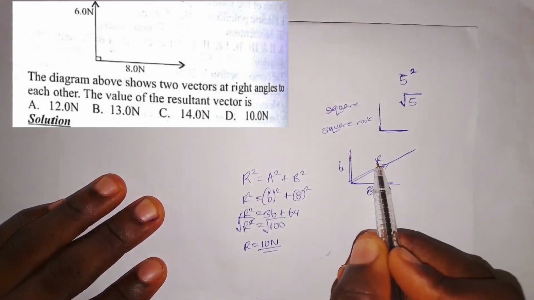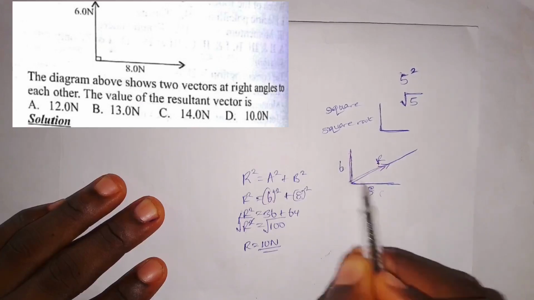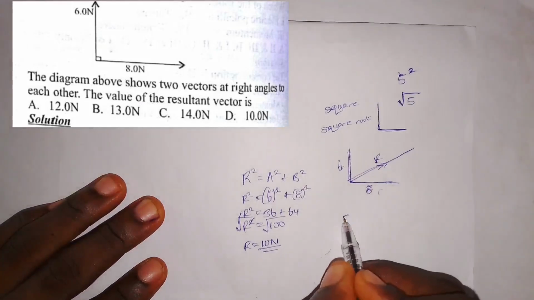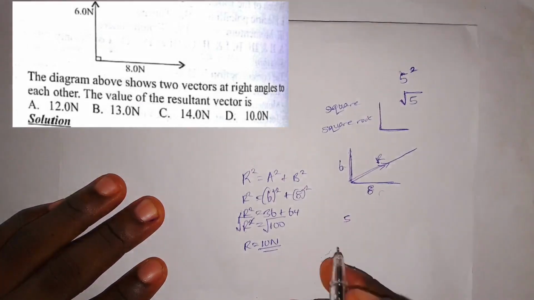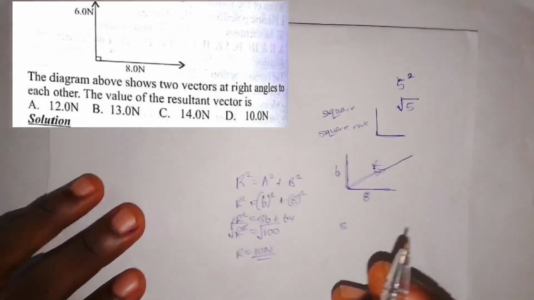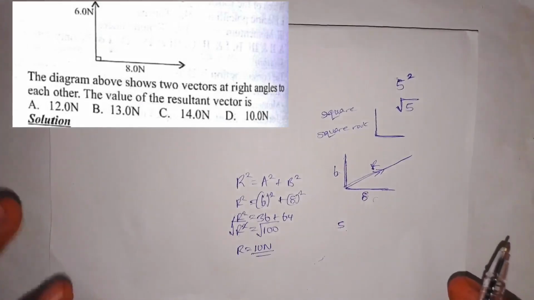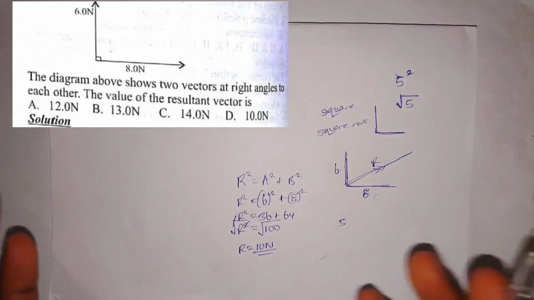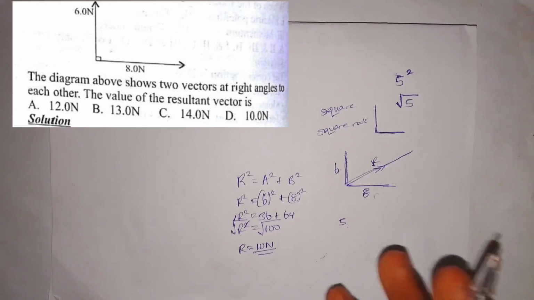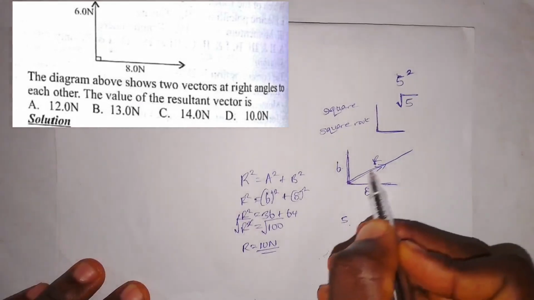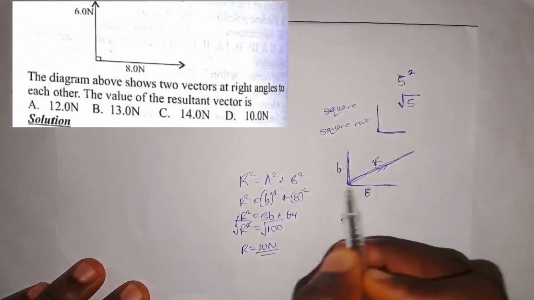The value of the resultant we are looking for must be longer than any of the vectors. We cannot get an answer that will be, let's say, 5, because it will not be correct. This can only be correct for anti-parallel vectors. Remember, under anti-parallel vectors, we subtract. So our resultant must always be larger than any of the two vectors.